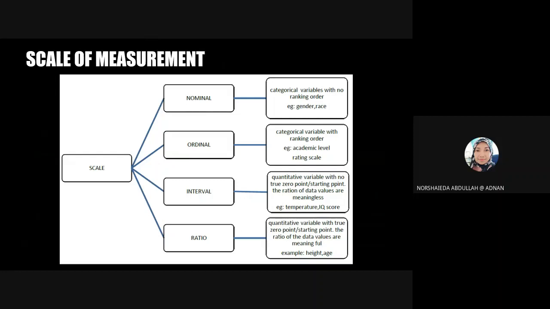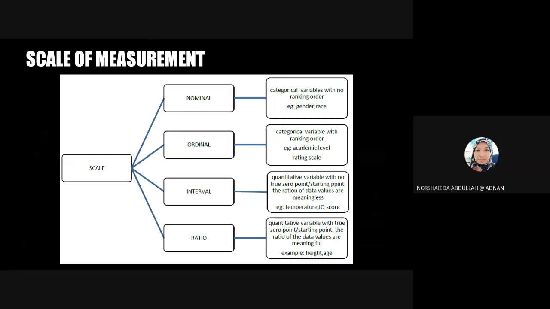Okay, so ada 4 scale of measurement. Nominal, ordinal, interval and ratio. Okay, so nominal and ordinal level tu dia untuk categorical data or qualitative variable lah. Okay, interval and ratio untuk quantitative variable.